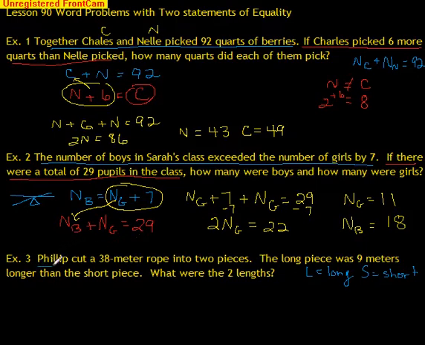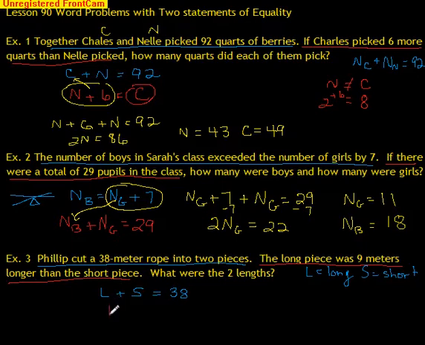Philip cut a 38-meter rope into 2 pieces. So he cut it into a long piece and a short piece. So we can say the long piece plus the short piece equals 38. First equation. The second equation is the long piece was 9 meters longer than the short piece.